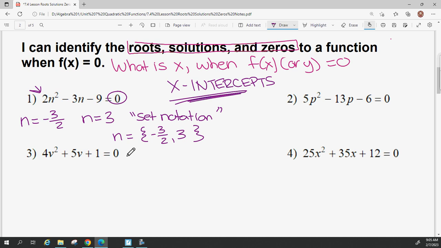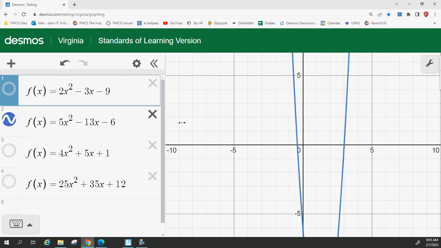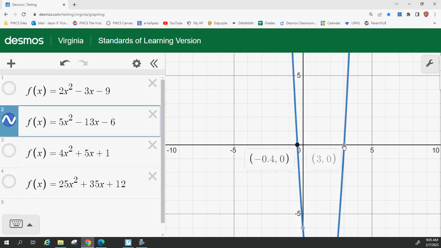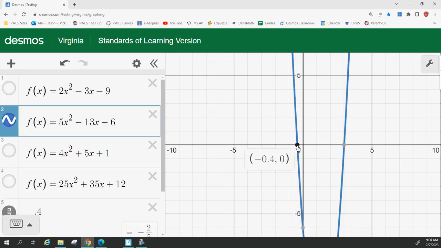When we're looking for the roots, the solutions, the zeros, we're finding the x values from our x-intercepts, and we are writing them down. So if we look at our second one, we have negative 0.4 and positive 3. Again, we can convert negative 0.4 to a fraction, negative 2/5. So negative 2/5 and positive 3.